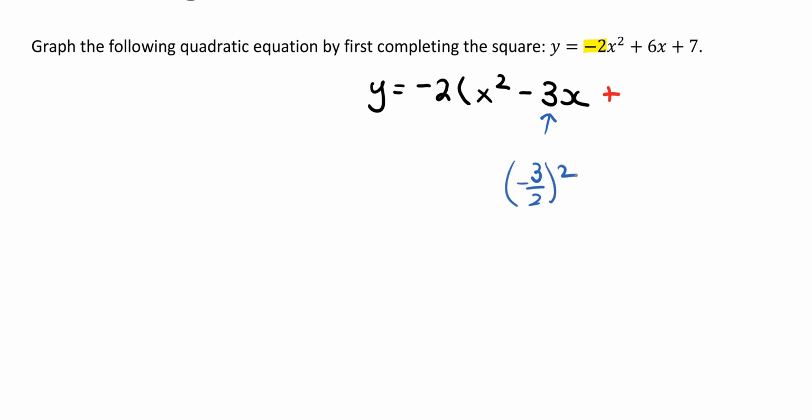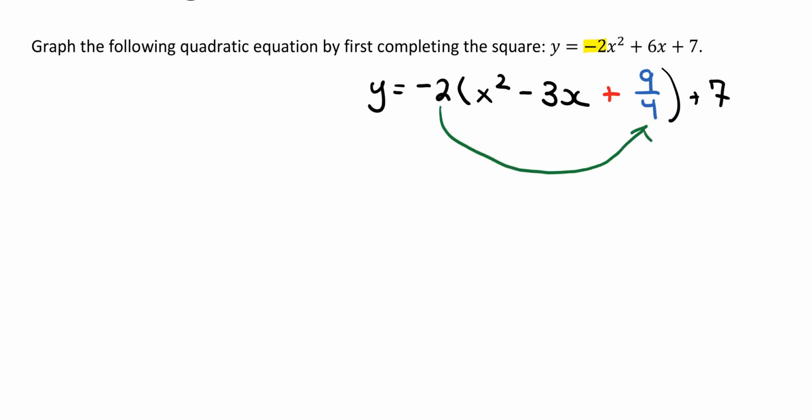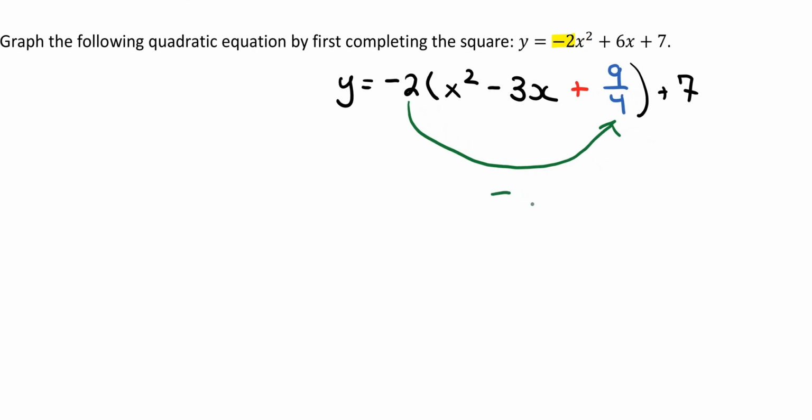This will give us a fraction: 9/4, plus 7. The tricky part now is we need to multiply the leading coefficient with the 9/4. That's going to be -18/4. To undo that, we need to add 18/4. Okay, so there we go. That's the first part of completing the square.